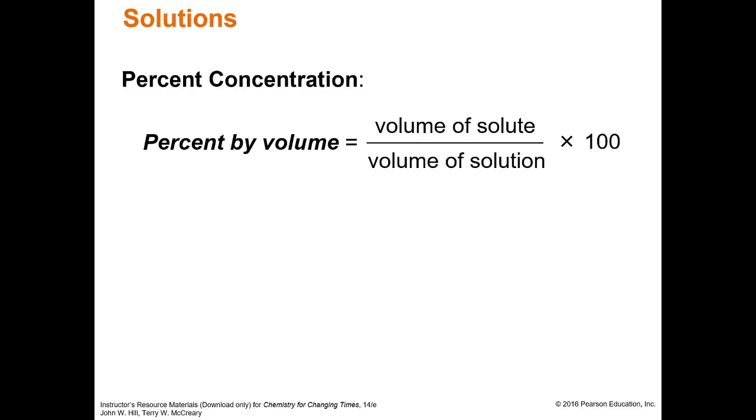For example, if I have 5% alcohol on my beer, many of those beers would be percent by volume. That means I have 5 milliliters of ethanol, which is the alcohol in beer, for every 100 milliliters of that beer. Okay.